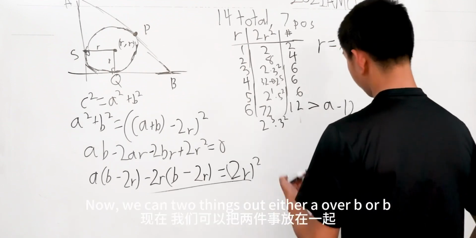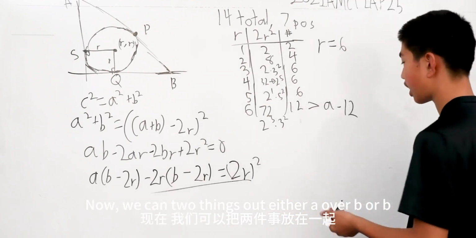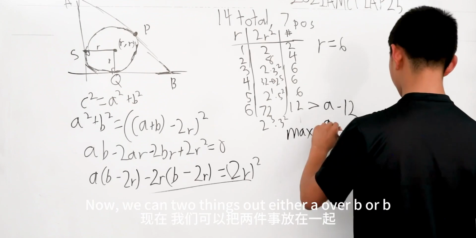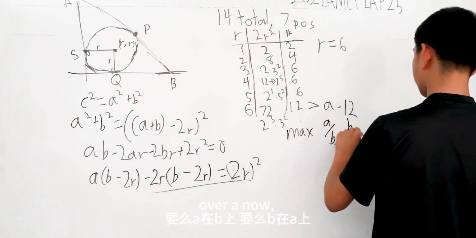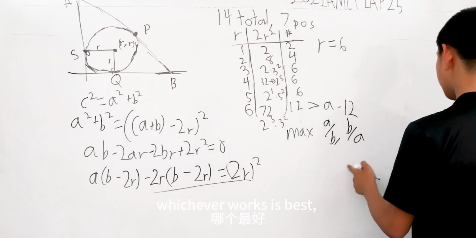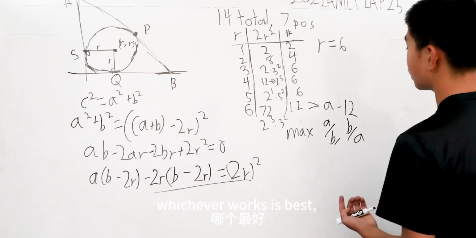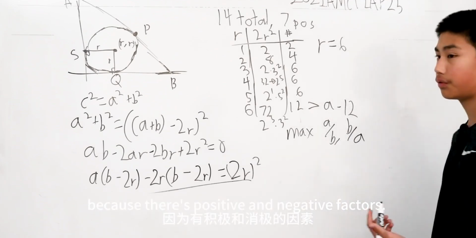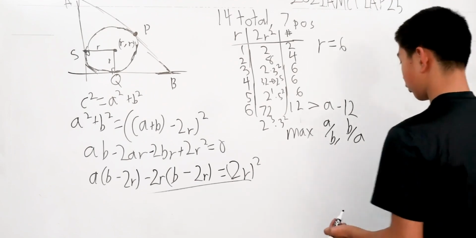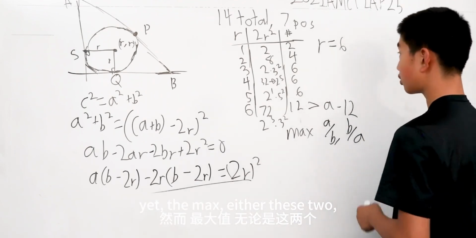So now we can figure two things out: either A over B or B over A. Whichever works is best because there's positive and negative factors, but now you have to max either of these two.